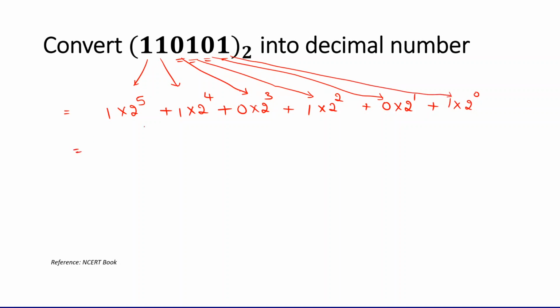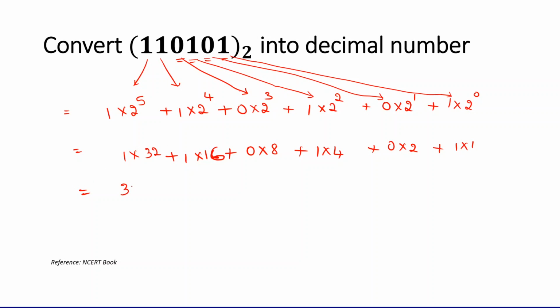Now you just solve this expression from the right. 1 into 2 to the power of 0 is 1, 0 into 2 is 0, 1 into 2 square is 4, plus 0 into 2 cube is 0, plus 1 into 2 to the power of 4 is 16, plus 1 into 2 to the power of 5 is 32.